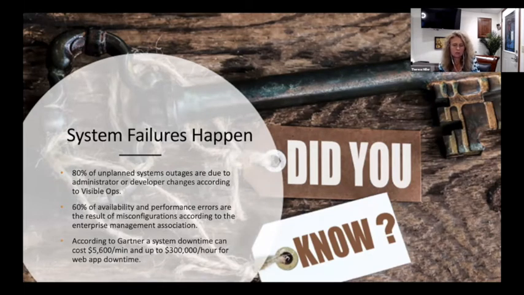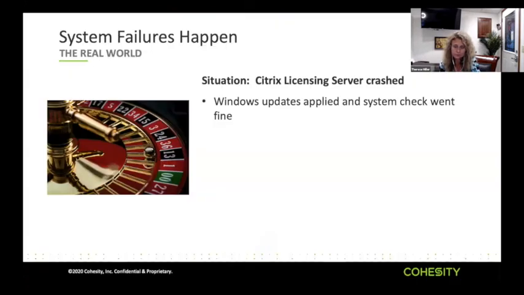The cost of downtime to our enterprises, our customers, whichever hat you're wearing, can be very expensive, as much as $5,600 a minute, which can translate into any currency. So when systems fail, whether it's Citrix or any other platform, it's disruptive and expensive.